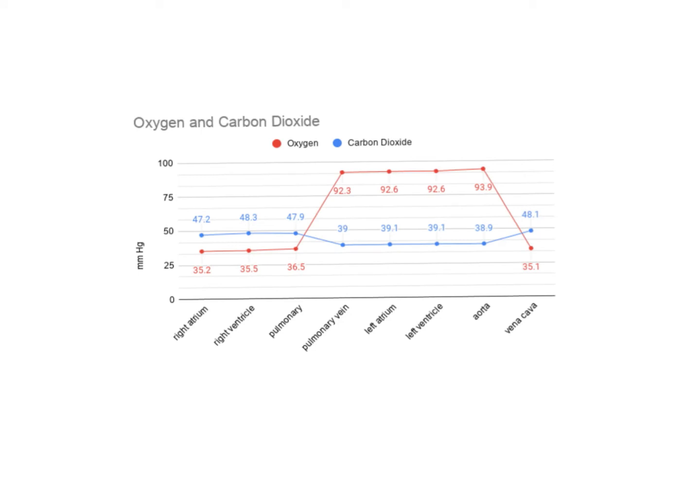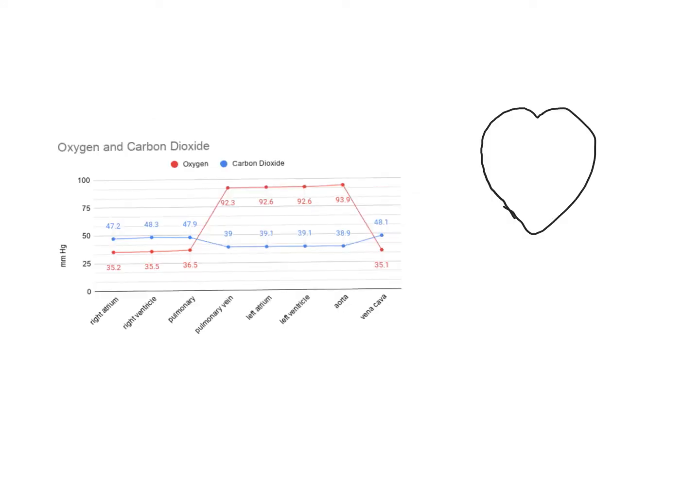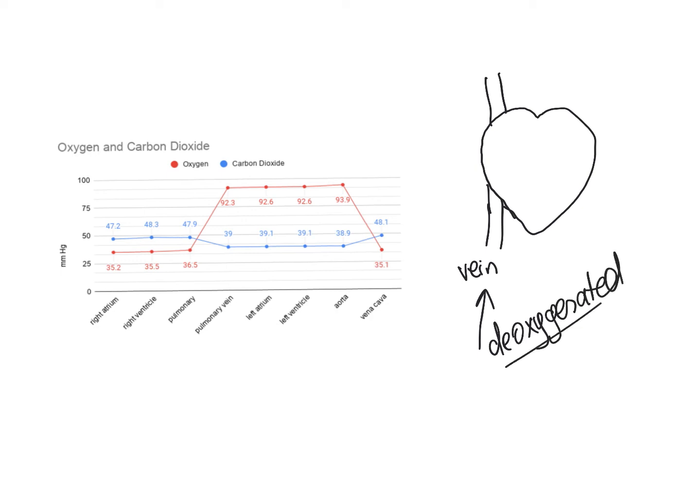If we draw another heart, over here we have our vena cava, and this is the vein that is bringing in what we consider deoxygenated blood. Now, take a look at the graph. Is there any point in which the oxygen level is 0?